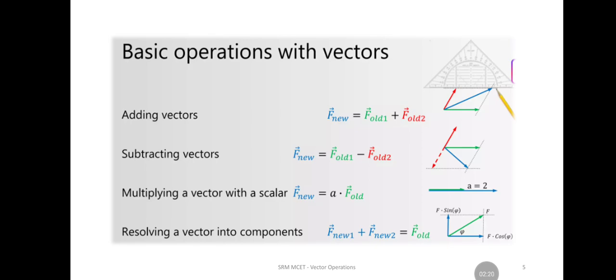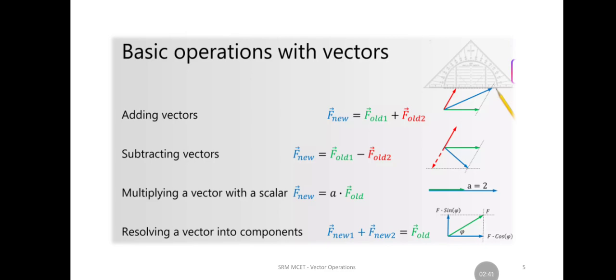So these are the basic operations we are going to perform with vectors: addition, subtraction, multiplication, and resolving a vector into components. If we have two vector quantities, we can simply add one and the second one.